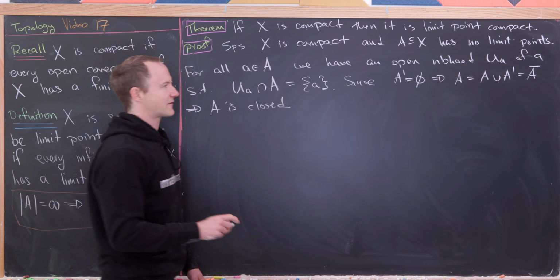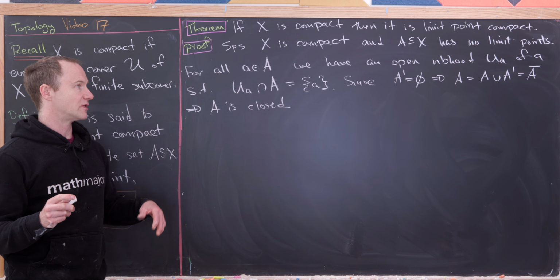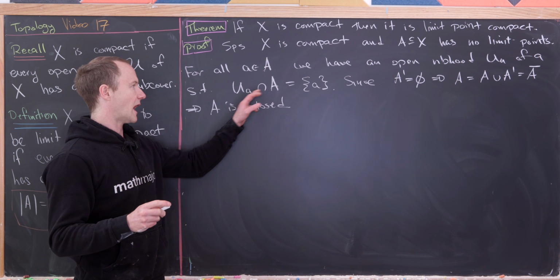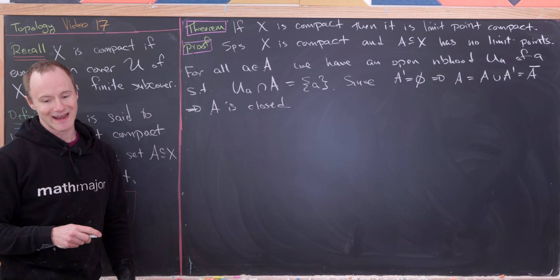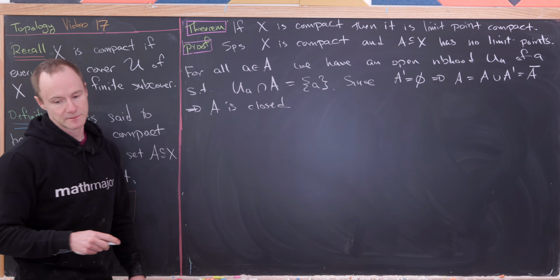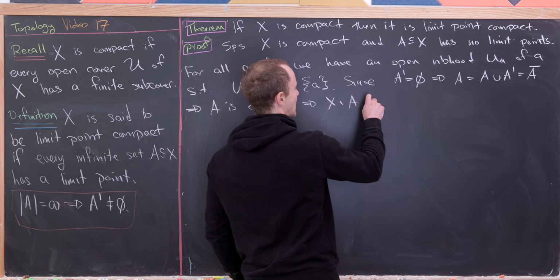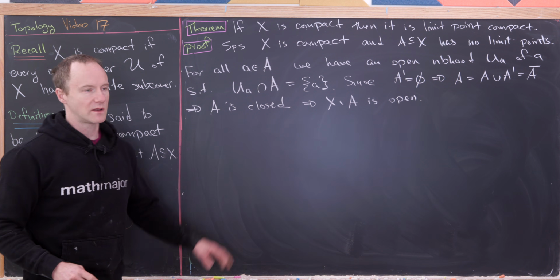Taking a step back for a little bit, we've found these goofy open neighborhoods of every point in A that intersect A at only a single point. We've found that, and then we've also shown that A is closed. But if A is closed, that means that its complement, X minus A, is open.